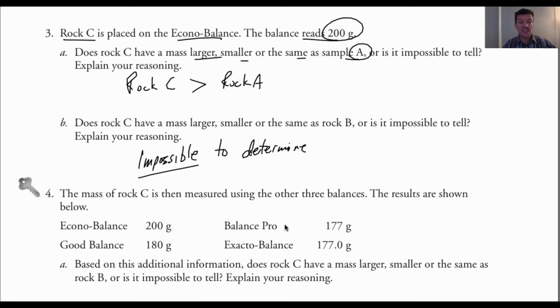The mass of rock C is then measured using the other three balances. Remember, up here we were just using the econobalance. Now it says the other three balances. The results are shown below, and this is for a third rock that we're going to call rock C. Here's the econobalance. Remember, it was 200, as we mentioned in the previous question. Now the good balance brings it in at 180, the balance pro at 177, and the exacto at 177.0.